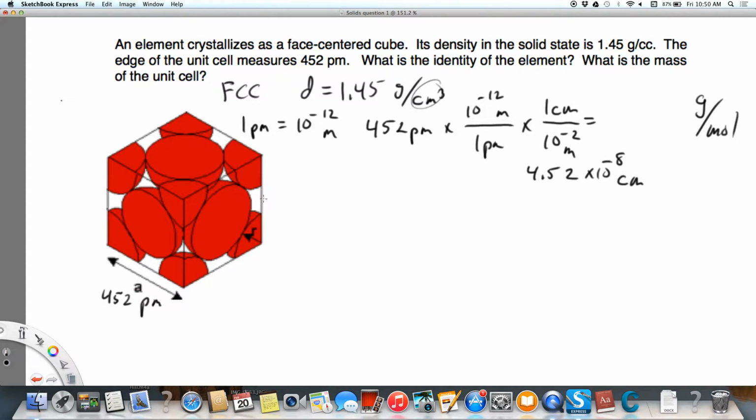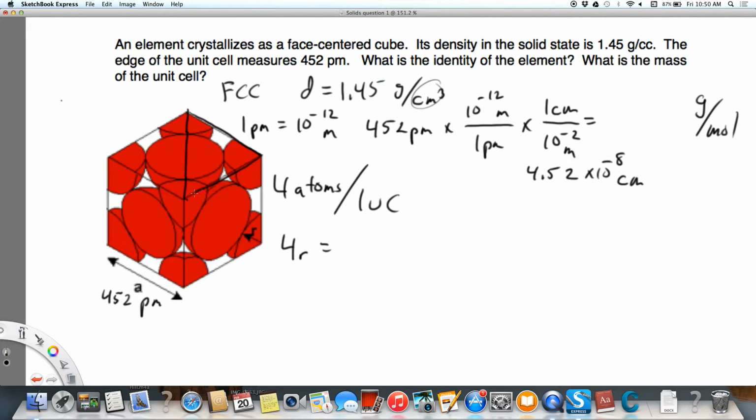When we look at this unit cell, we should also remember that there are 4 atoms per 1 unit cell. We know that by being able to count them or memorizing that a face-centered cube has 4 atoms per unit cell. And what else do we know? Well, 4 radii, so this would be 1, 2, 3, 4, equals that hypotenuse, right?